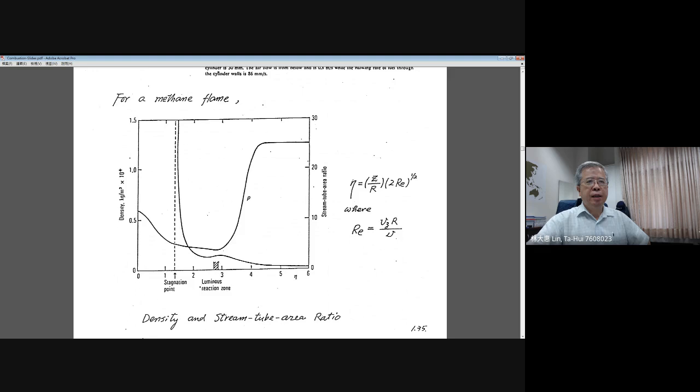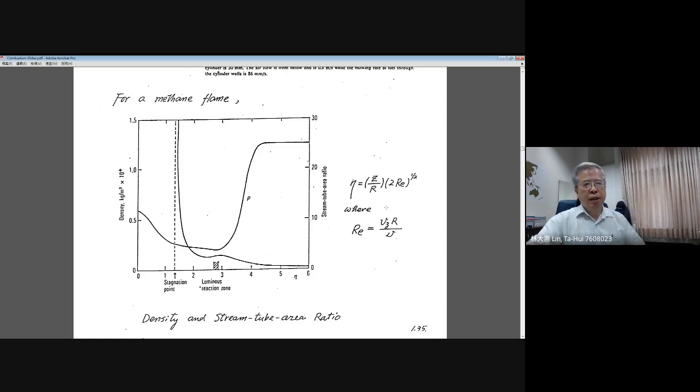Here Z means the actual coordinates, starting from the origin at the cylindrical surface. Okay, 0 is the cylindrical surface, and they move to the lower flow continuously from 0 up to 6. And R represents the radius of the cylinder.